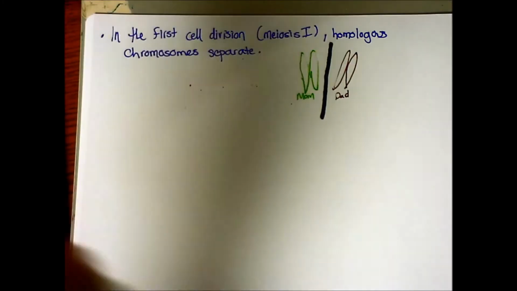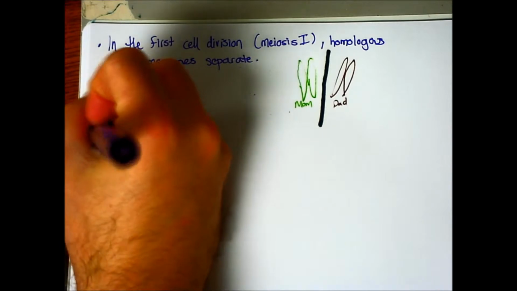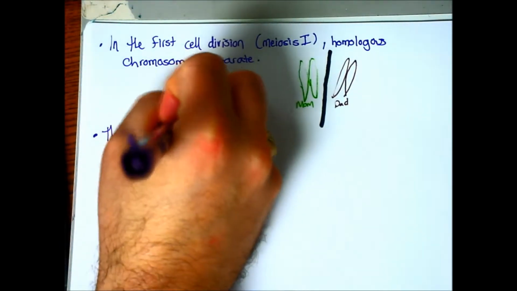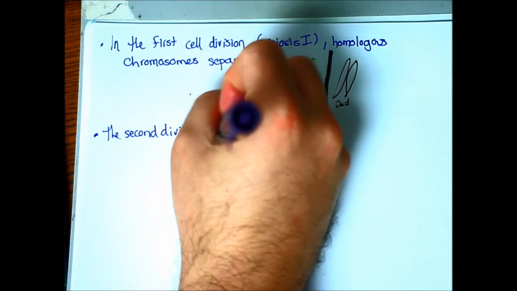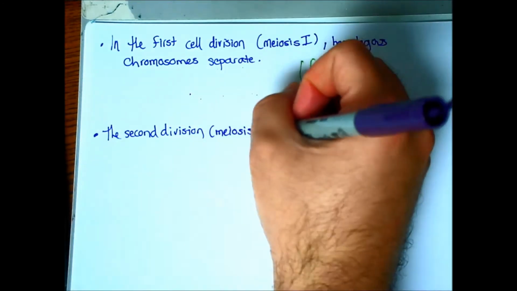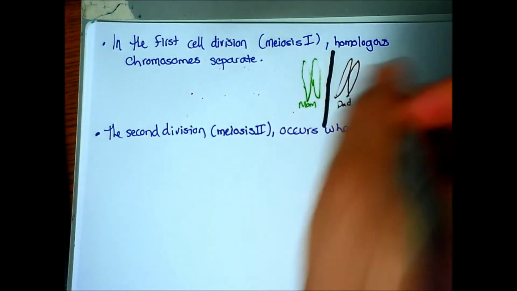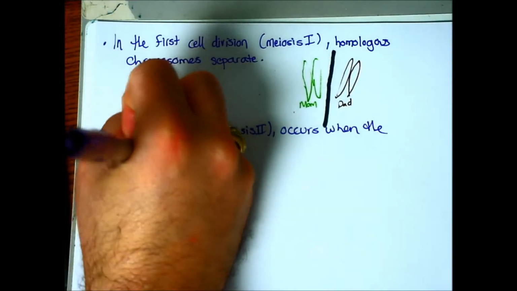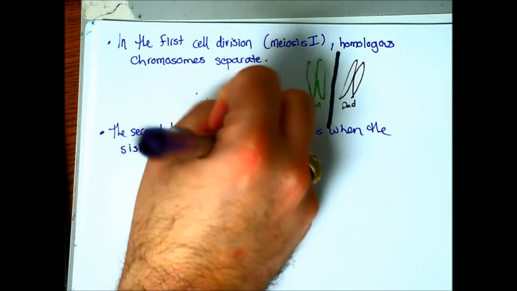The second cell division, though, which is called meiosis 2, would result in the sister chromatids separate.